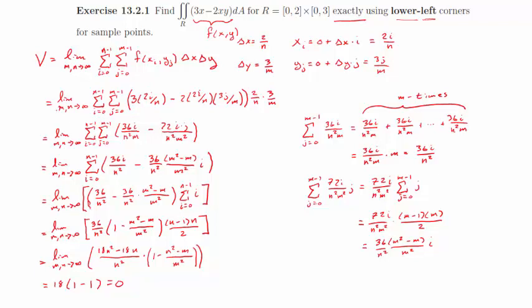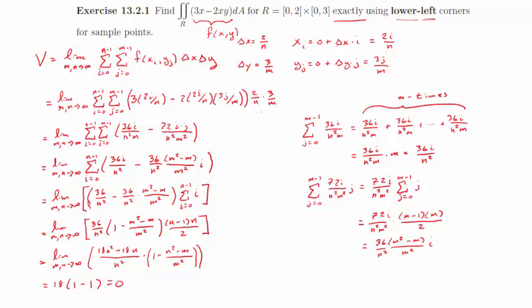Into my function f, we get that our volume equals the limit as m and n go to infinity of the sum from i equals 0 to n minus 1, the sum from j equals 0 to m minus 1 of 3 times x sub i, which is 2i over n, minus 2 times x sub i, 2i over n, and y sub j, 3j over m, close up our parentheses for the function f of x comma y, and multiply by delta x delta y, which is 2 over n and 3 over m.